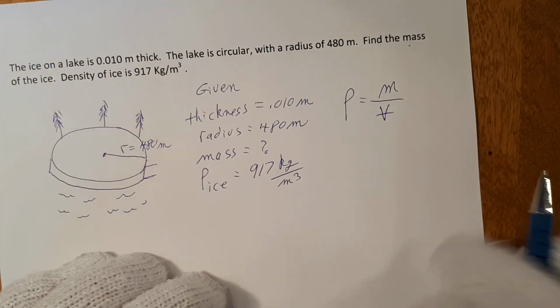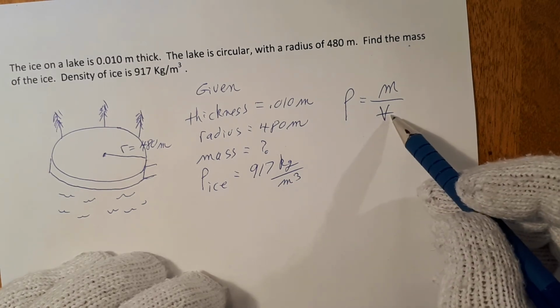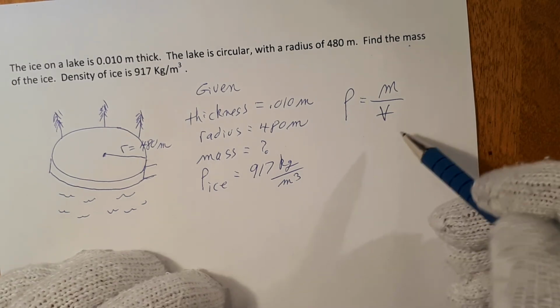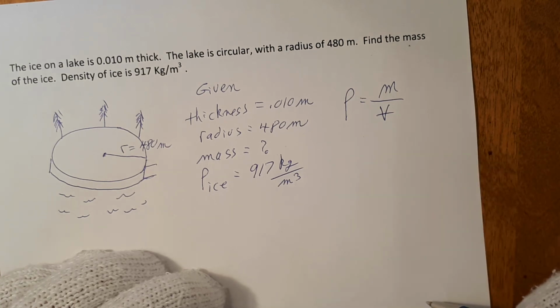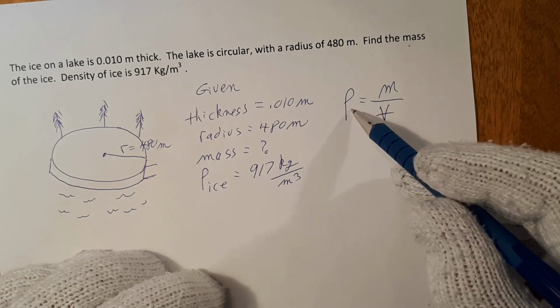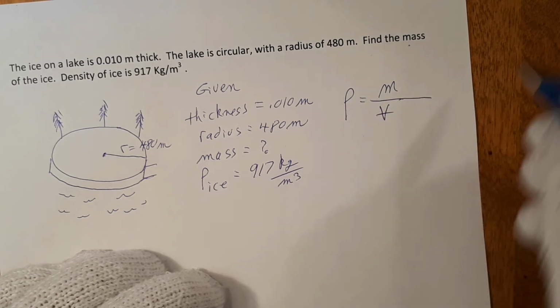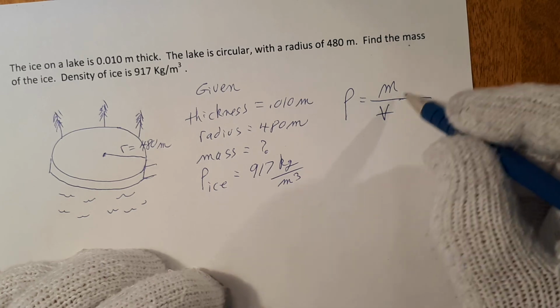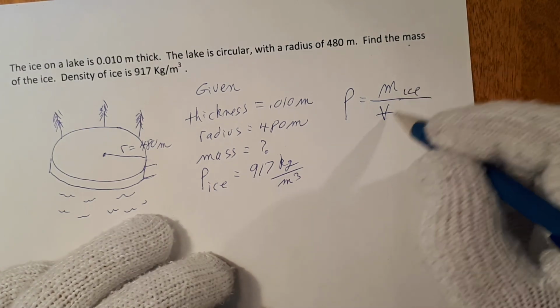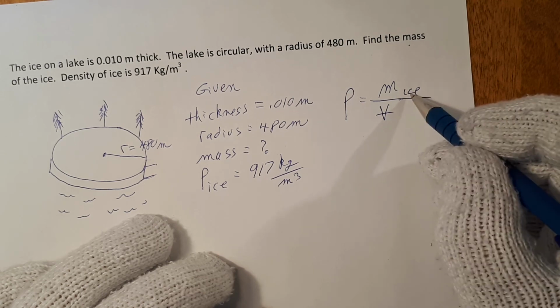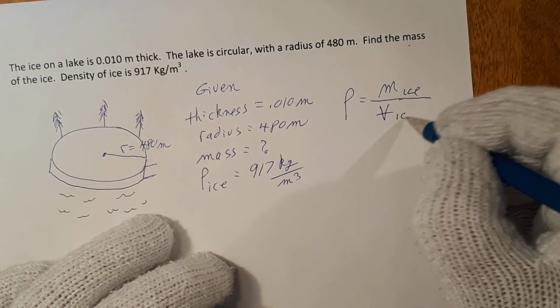And when I do volume, it's a capital V, and I put a bar across it to solidify that this is volume I am talking about. It's not velocity. And when we talk about density, the mass of the object that we're talking about here, in our case it's ice, is also the volume of the same item, which is ice.